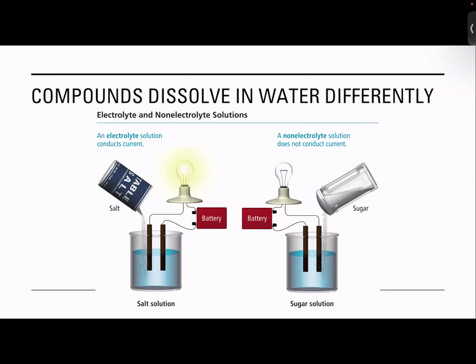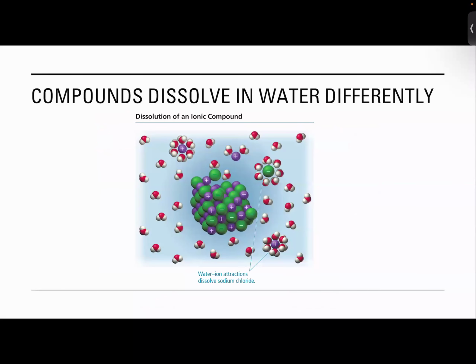So what is it about the solution that allows some solutions to conduct electricity while others do not? The answer comes down to what happens when that solute dissociates.